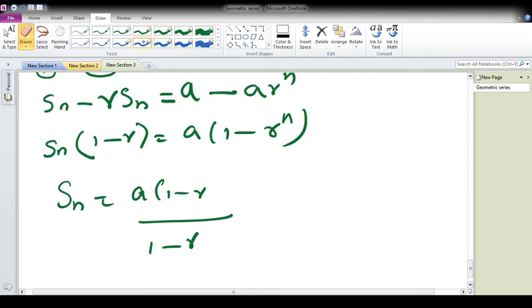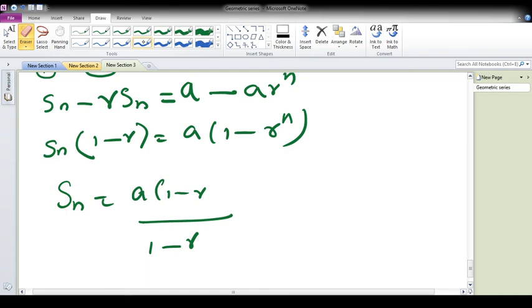So we can take r equal to 1 by 2: a plus a by 2 plus a by 2 square plus a by 2 cube plus etc. A by 2 power n: as n gets large, 2 power n will be large, so 1 by 2 power n converges to 0. Similarly, any number in between minus 1 and 1, its power will converge to 0.